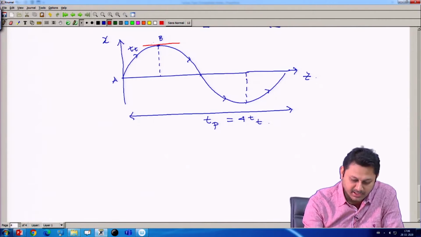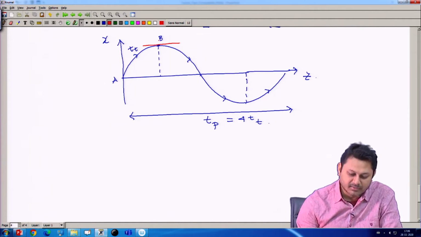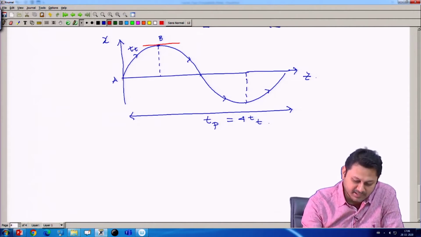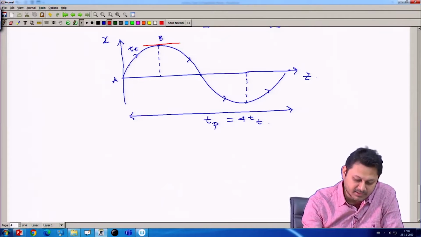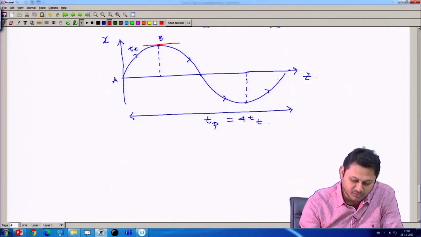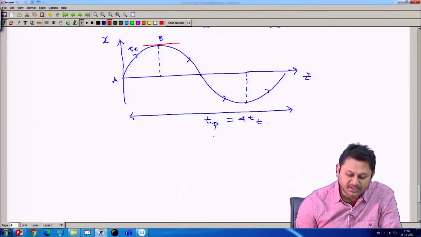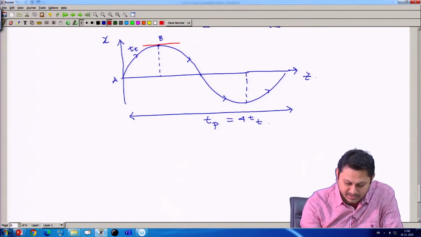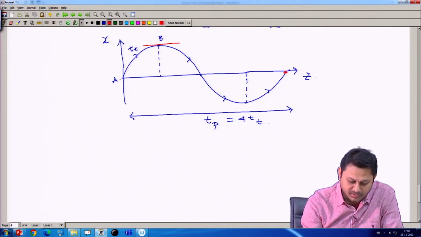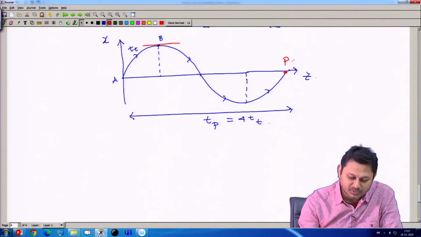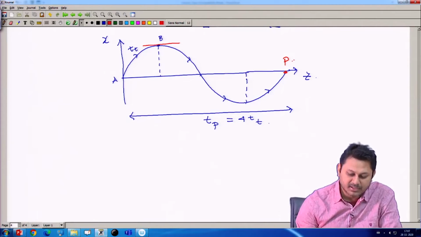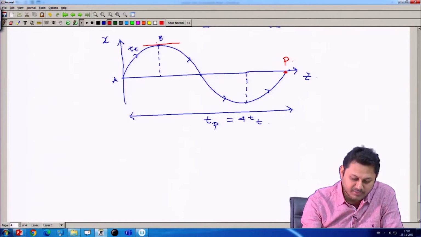That is why I write this time as Tt. It will happen four times, so if I calculate this value and multiply it by 4, I get the time the ray takes to complete the full period.